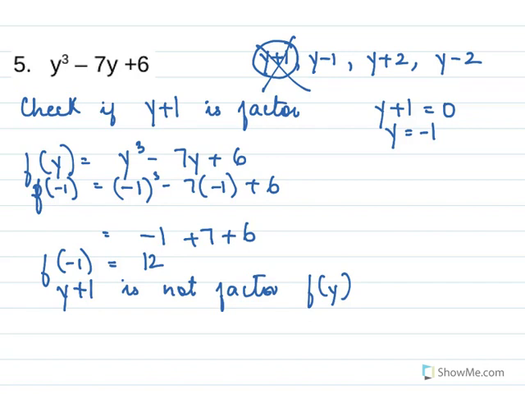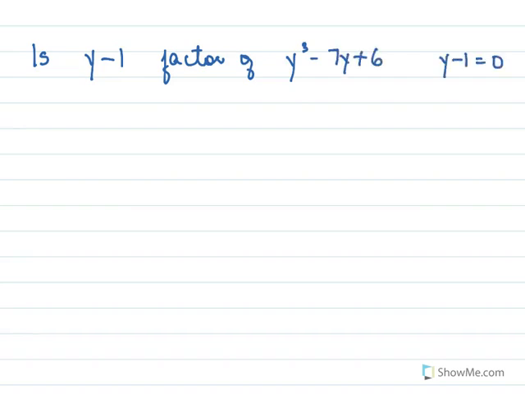Now we need to check for the next one, and the next one is y minus 1. We need to check if y minus 1 is a factor. So is y minus 1 a factor of y cube minus 7y plus 6? How do we check? y minus 1 equal to 0, y equal to 1. So this was f of y equal to y cube minus 7y plus 6.